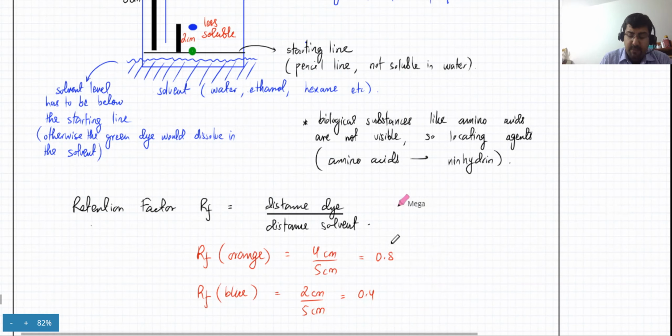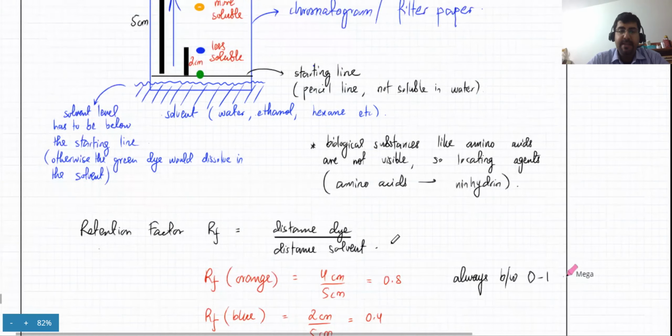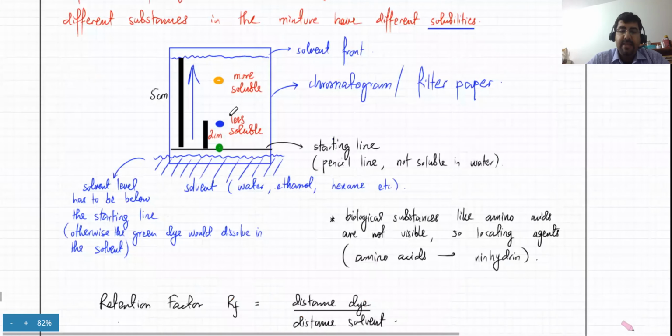Plus, about RF values, they're always less than one. They're always between 0 and 1. And if they're close to 0, that means they're not soluble in the solvent. The blue dye had a smaller RF value because it wasn't traveling with the solvent as the chromatogram was absorbing water and the water was traveling upwards.